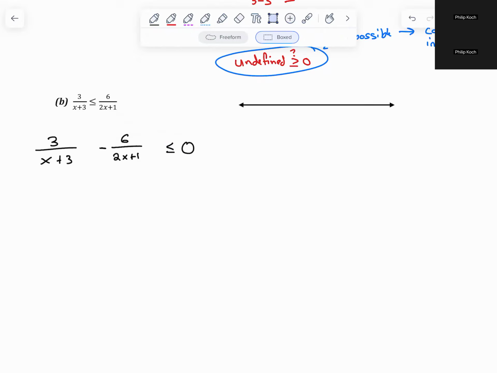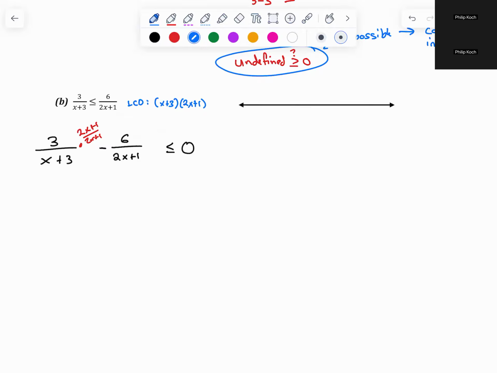As soon as I see an inequality, as soon as I see two fractions, common denominator. So we need to multiply this fraction by 2x plus 1 over 2x plus 1, because the LCD here is x plus 3 times 2x plus 1.